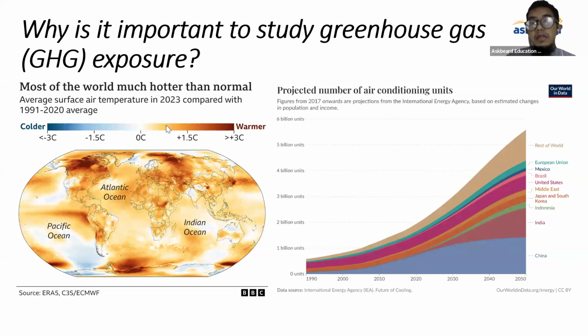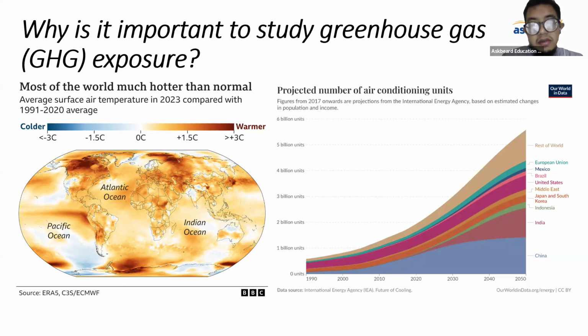The reason why we talk about these topics is because we are now facing the global increased temperature, or what we know as global warming. Global warming has occurred since James Watt found the steam engine in 1776, and until now the global temperature keeps increasing by 2 degrees Celsius.